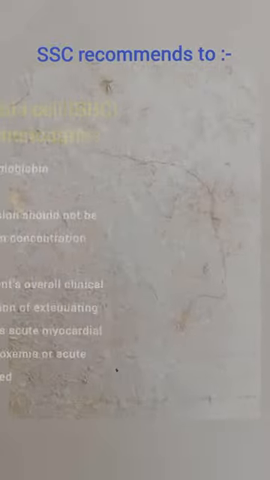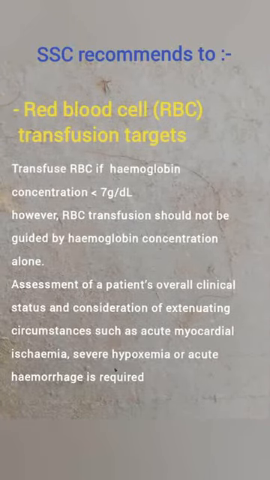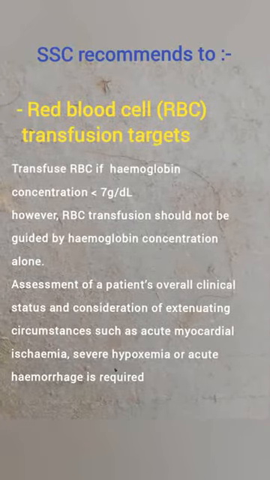About blood transfusion, the Surviving Sepsis Campaign recommends transfusing red blood cells if hemoglobin concentration is less than 7 gram per deciliter. However, red blood cell transfusion should not be guided by hemoglobin concentration alone. So, assessment of the patient's overall clinical status and consideration of other comorbidities such as myocardial ischemia, hypoxemia or acute hemorrhage is required.